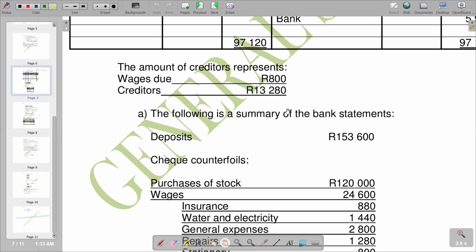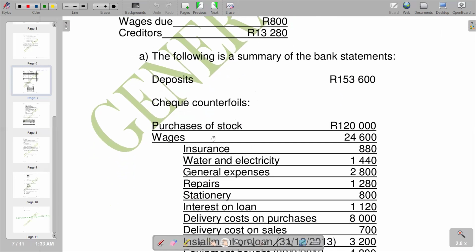So basically, what it means is we have got wages for the previous period that were due by the end of the last period, which is 800 rands. So obviously, this 800 is part of the amount that was paid for our wages for this period, but it doesn't belong to this period. It belongs to the last financial period.